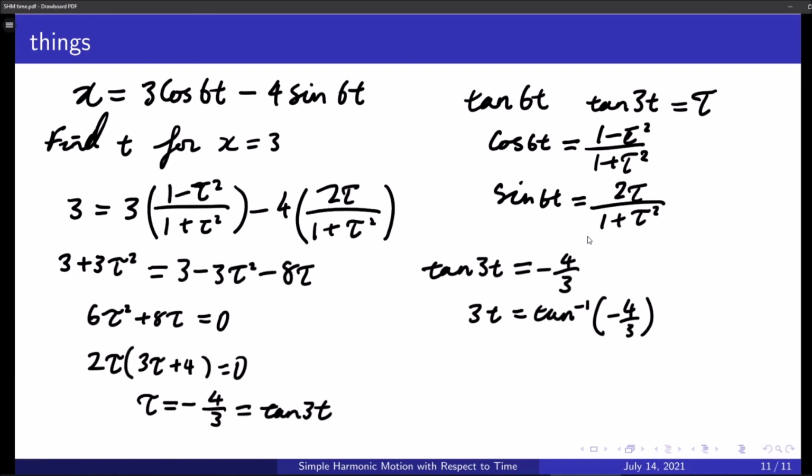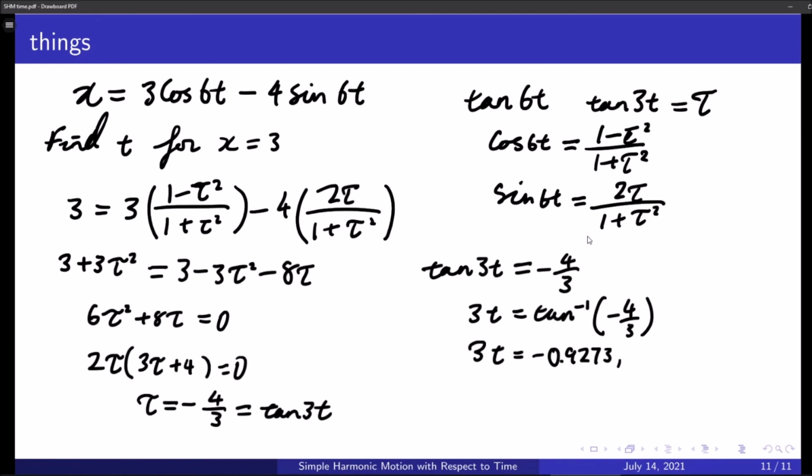Of course, the first answer we'll receive once again is negative 0.9273. However, this is not going to help us much because this is in fact the initial position where t equals 0. Because if this is 0, 0 divided by 3, t equals 0. So we have to find the second place where the tangent value is negative 4 over 3.